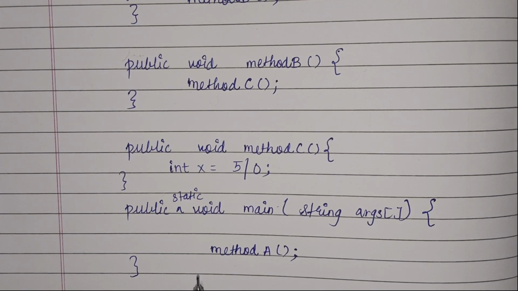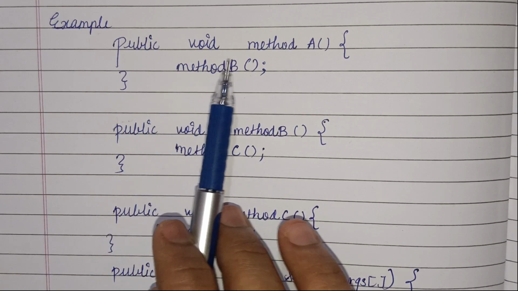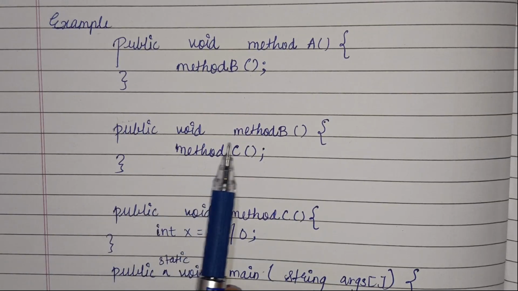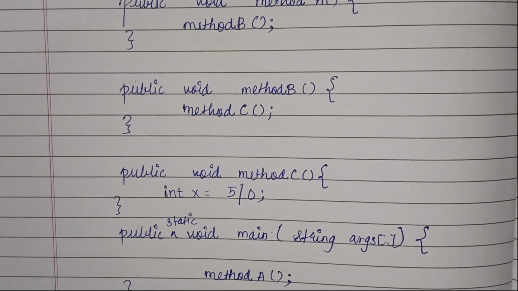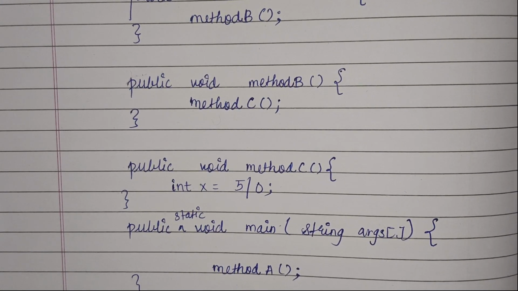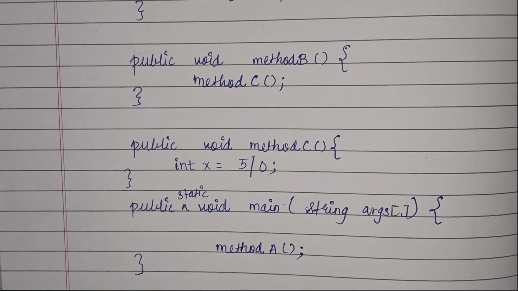In the main method, I have called the method A. In the method A, I have called the method B, and in the method B, I have called the method C. And in method C, I have created a variable x and I have done the arithmetic operation that is 5 divided by 0. So that is an exception, that is, arithmetic exception. We cannot divide a number by 0.